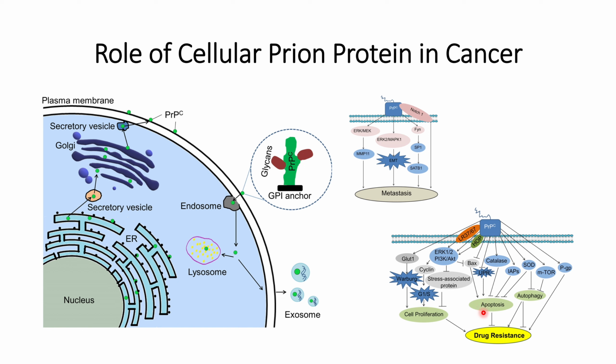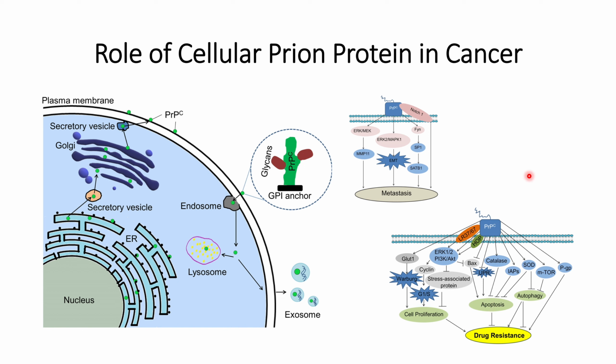It prevents apoptosis through some pathways such as SOD, IAP, and catalase, and it also inhibits autophagy through the mTOR or AKT pathway. So apoptosis is inhibited by PrPC signaling, and at the same time it promotes cell proliferation or cell growth rate.